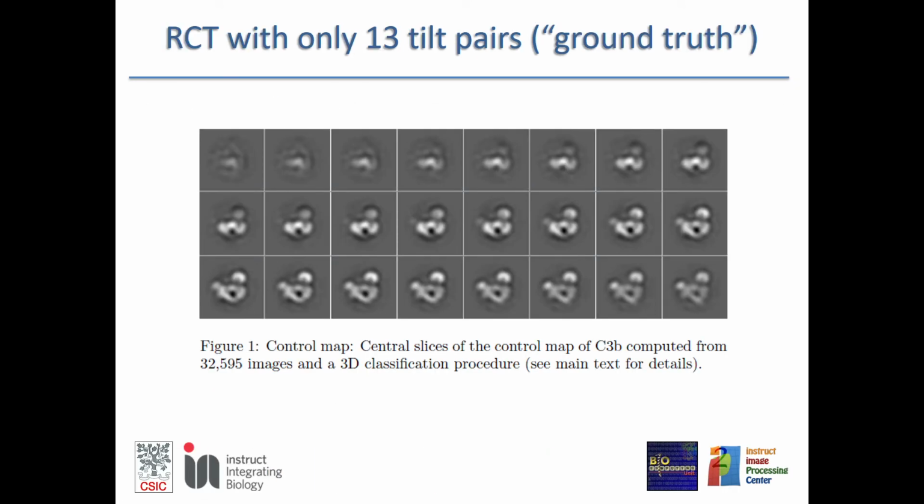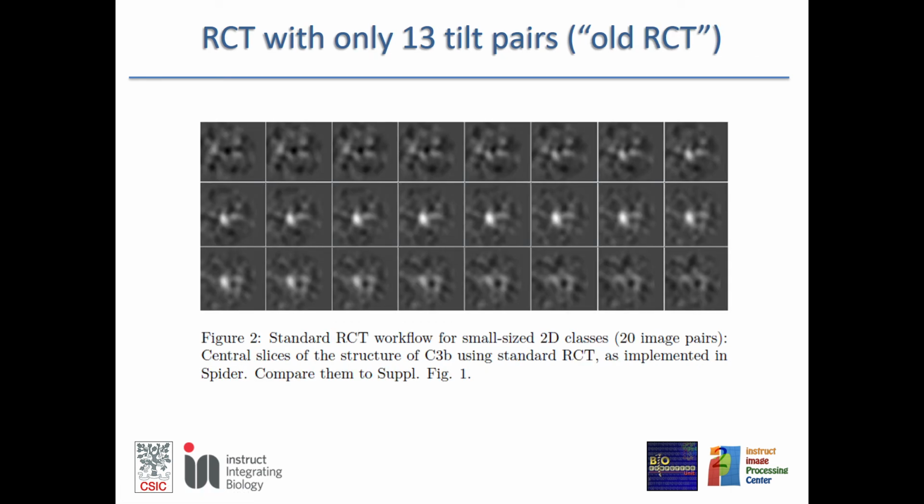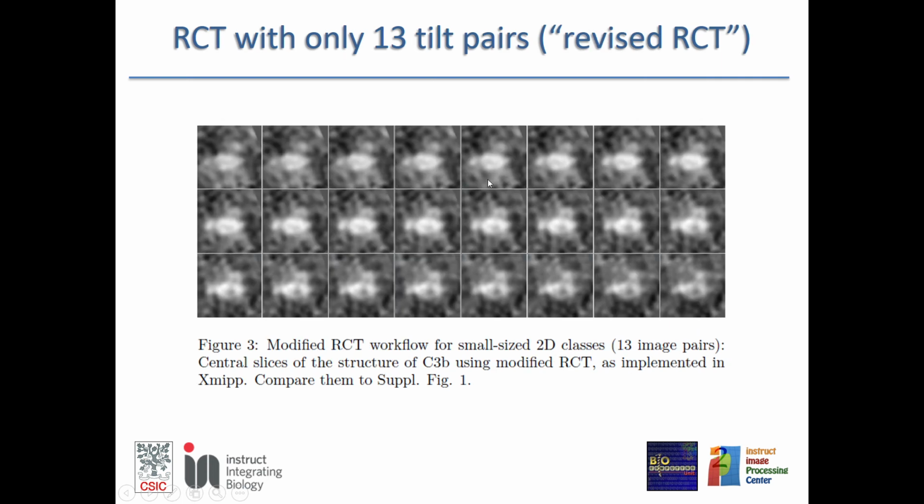If you use 32,000 images in this particular example, we got this 3D reconstruction. When we used the old RCT implementation, which didn't have all these improvements in the theory, this was the 3D reconstruction, and this is the one with the revised random conical tilt. You see the details here with only 13 images.